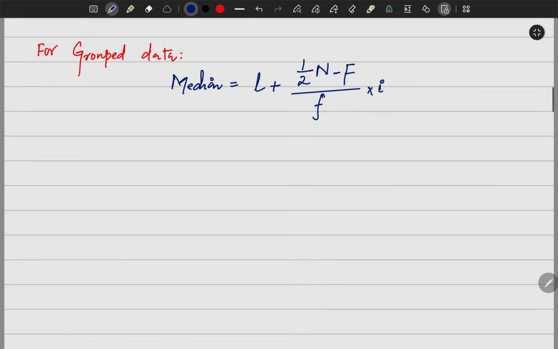So what is this L? This L is the lower limit of the median class, because we are talking about grouped data.